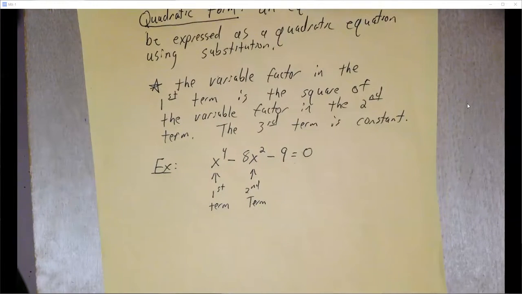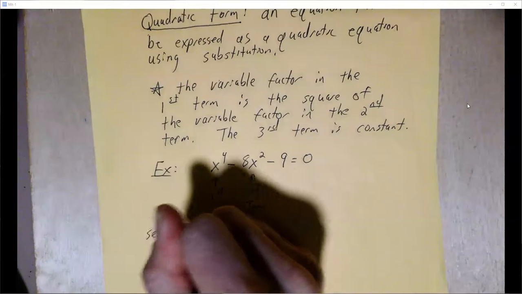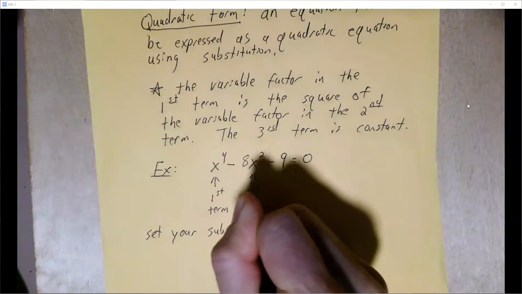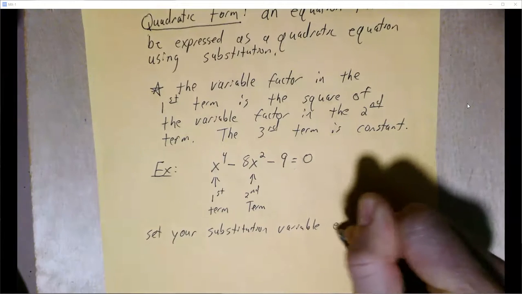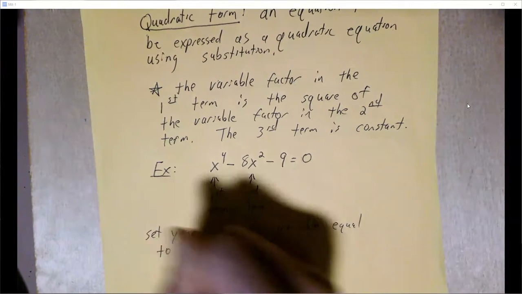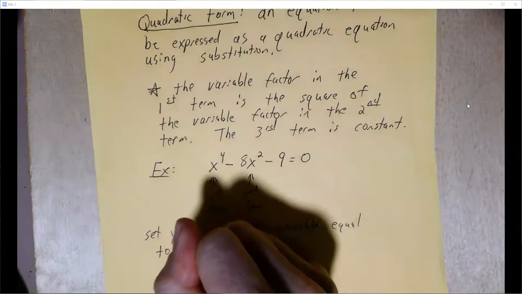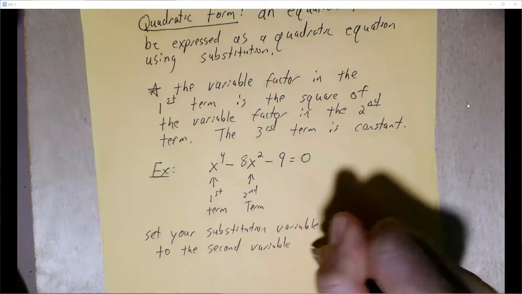Now here's how I handle substitution. I'm just going to pick an arbitrary letter, and I'll use u. What I'm going to do is set your substitution variable equal to the second variable factor, what's being squared, basically.